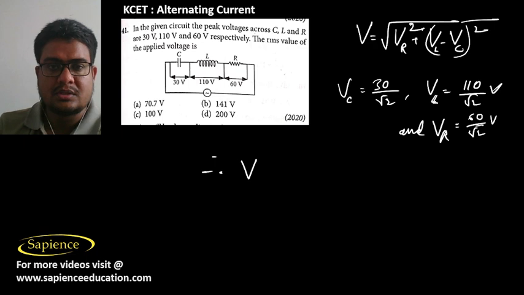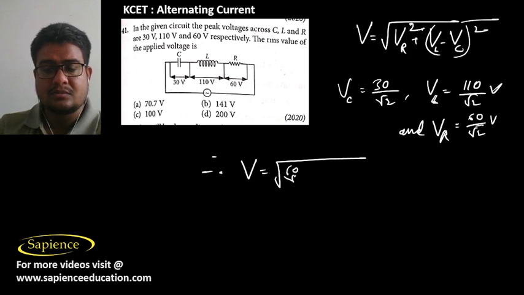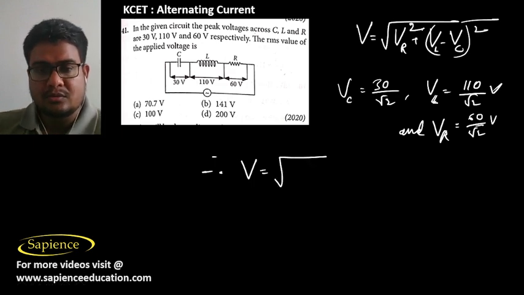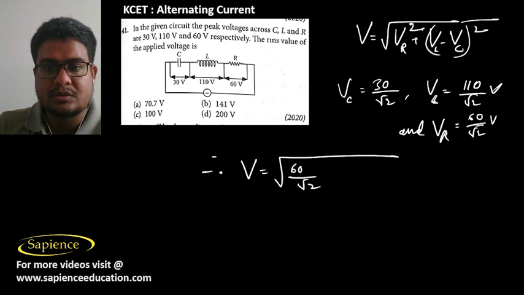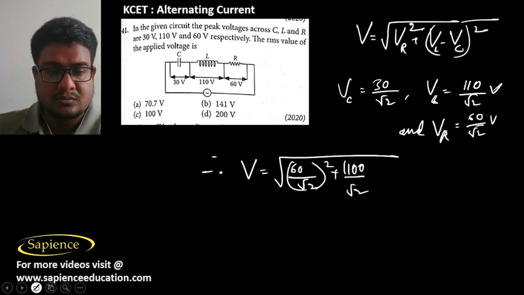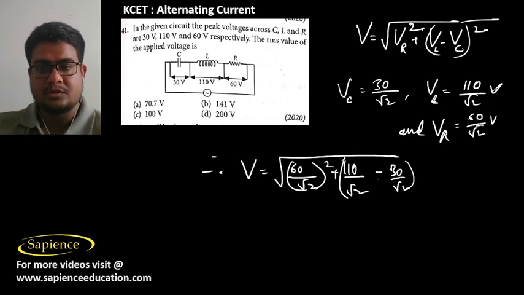Therefore, the RMS value of applied voltage is equal to the square root of VR squared, so 60 by root 2 whole squared, plus VL minus VC, that is 110 by root 2 minus 30 by root 2, whole squared.